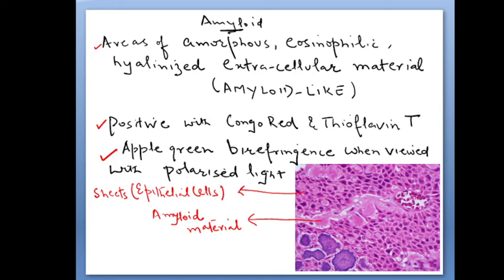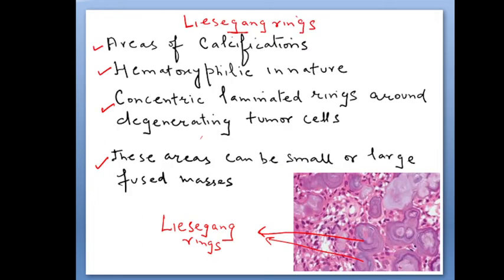This material stains positive with Congo red and thioflavin T, and appears apple green when viewed with polarized light. Calcified areas are distinctive features of this tumor.